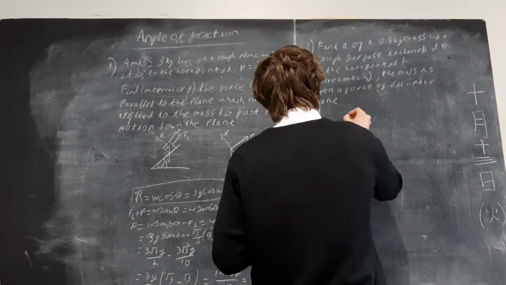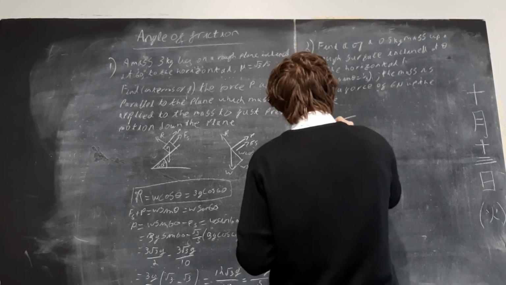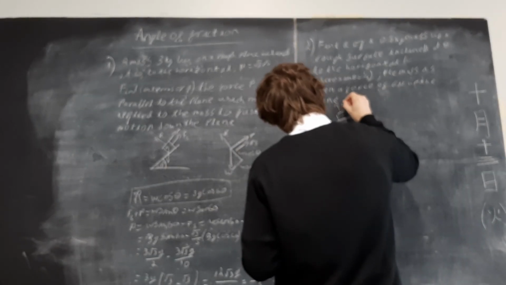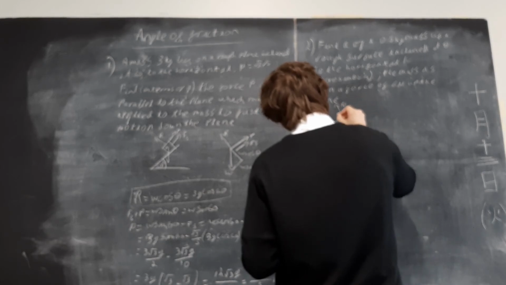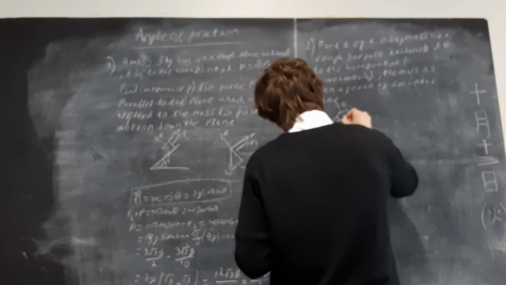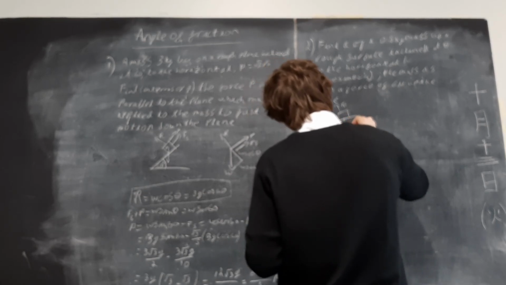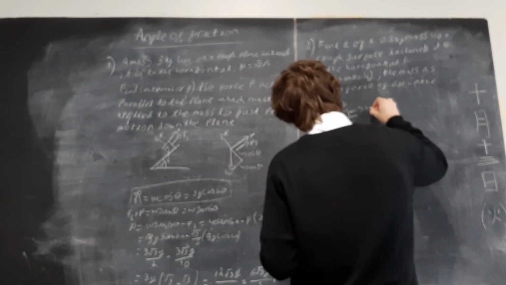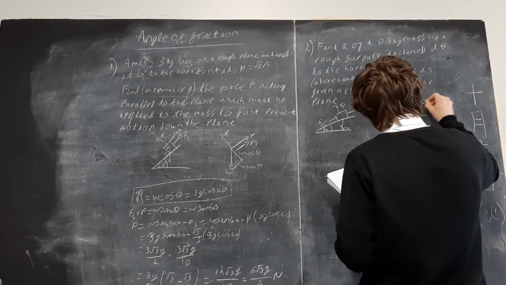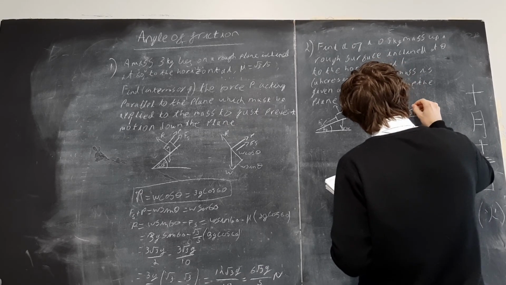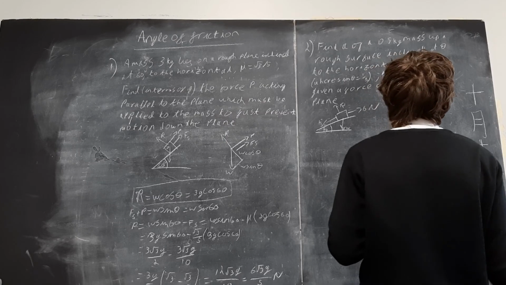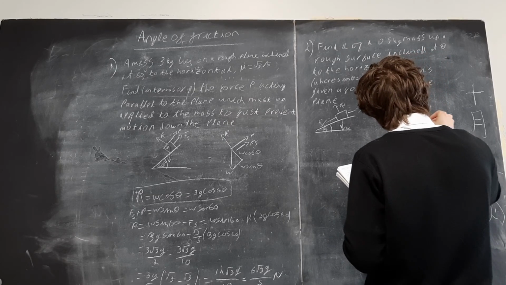So if we just quickly draw this out, we have F this way, we have W acting there, 6 newtons acting that way. If we do another one with theta here, where this is 3, this is 1, meaning that here's 2 root 2.